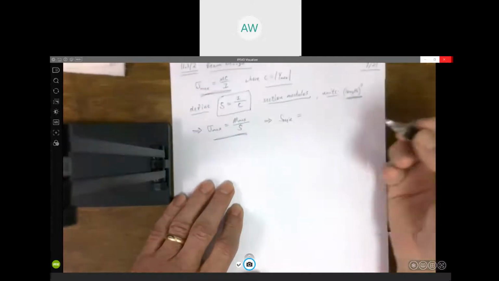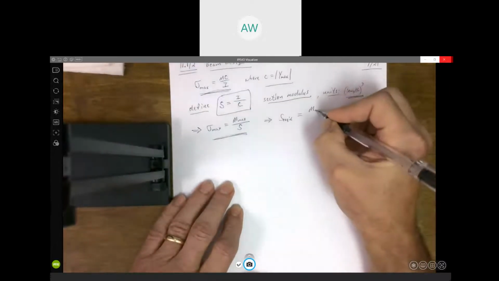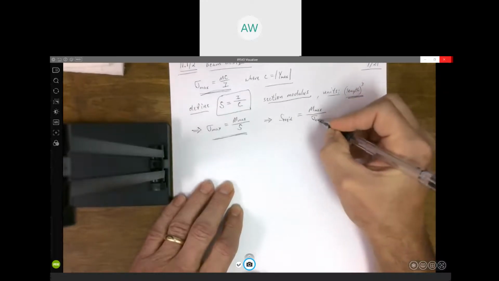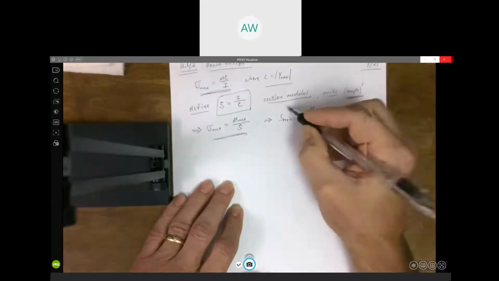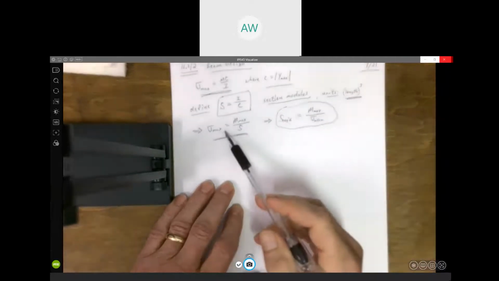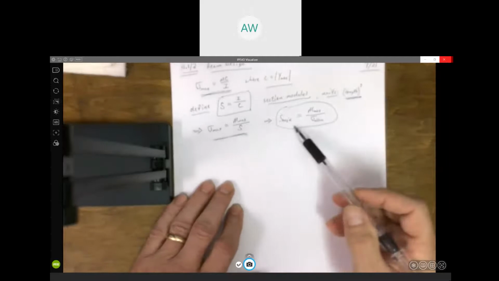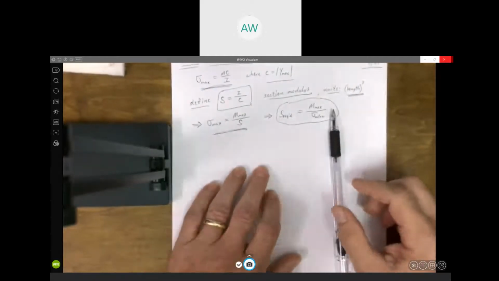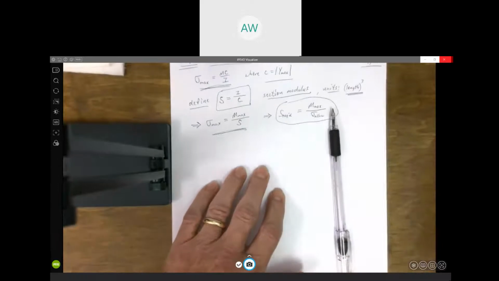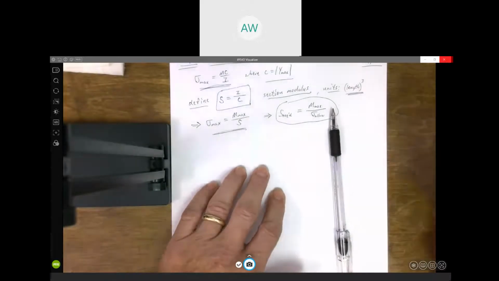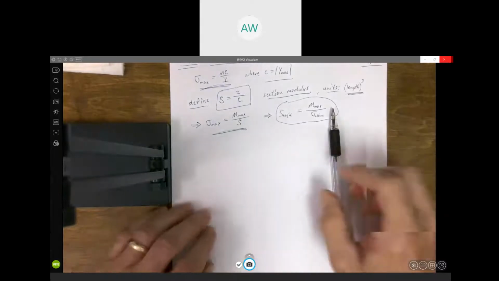To solve this for S, we take whatever the maximum bending moment is and divide by the allowable stress. So we set our maximum stress equal to the allowable, solve for S, and that tells you the required section modulus so that you don't exceed that allowable stress for whatever that maximum bending moment is.